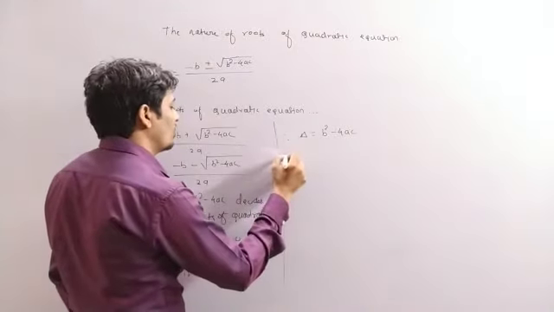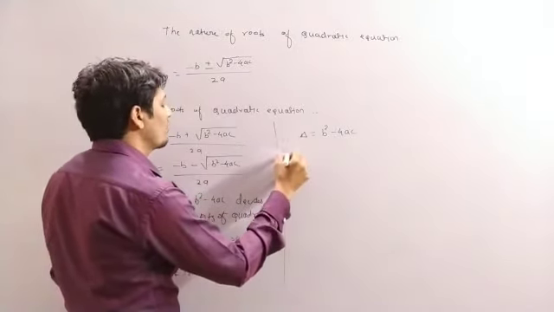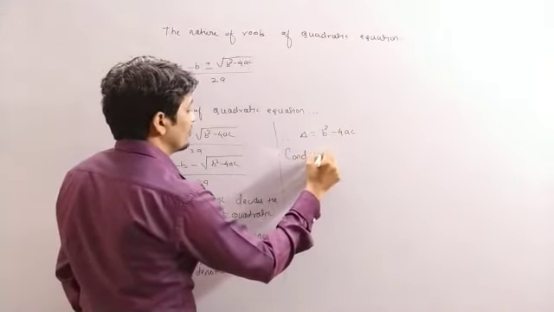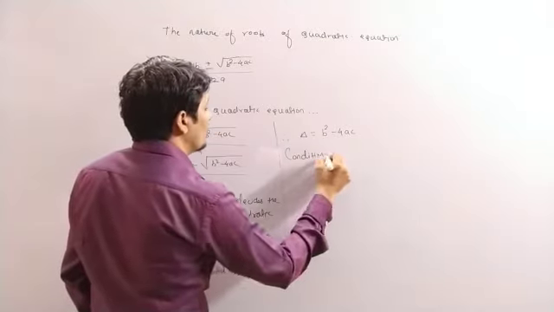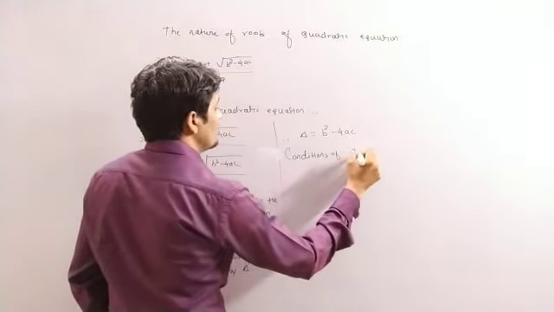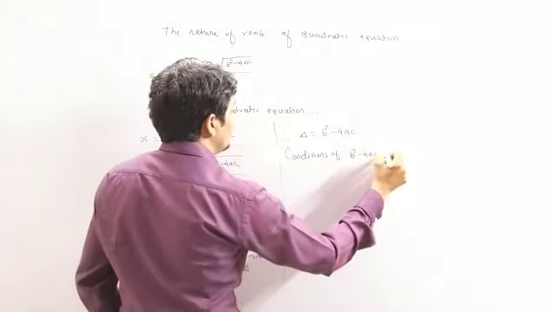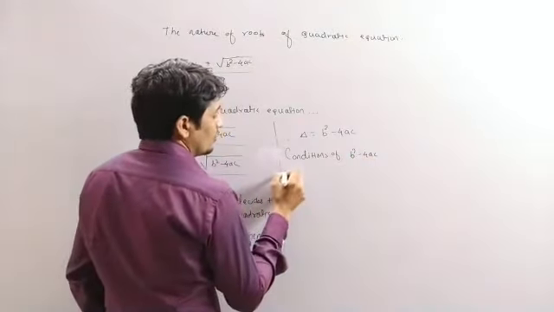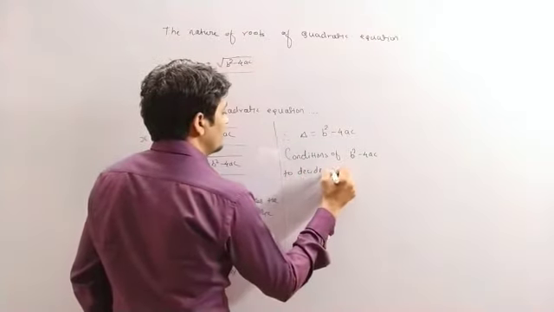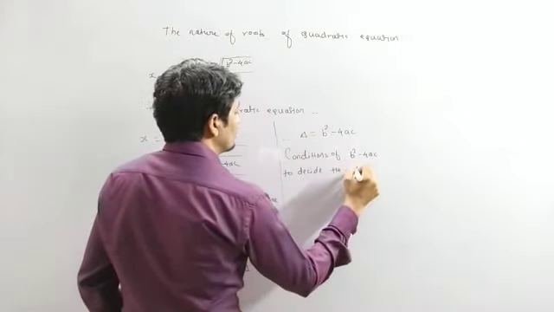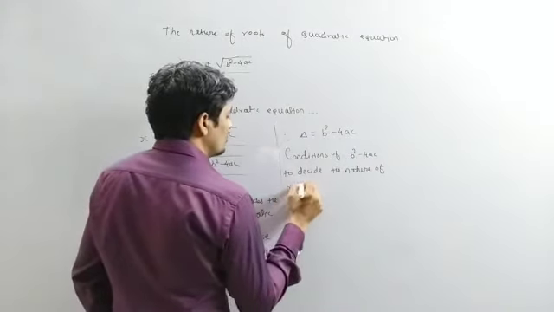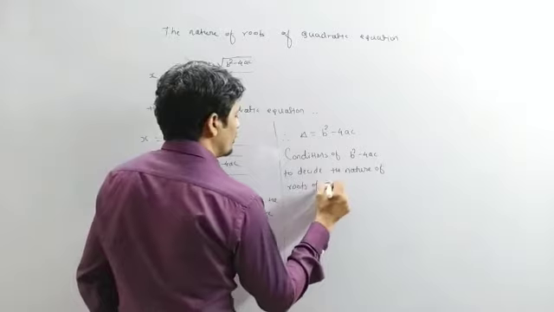So, the conditions of delta, or we can say b square minus 4ac, to decide the nature of roots of the quadratic equation.